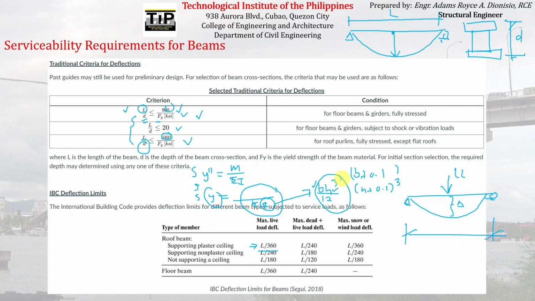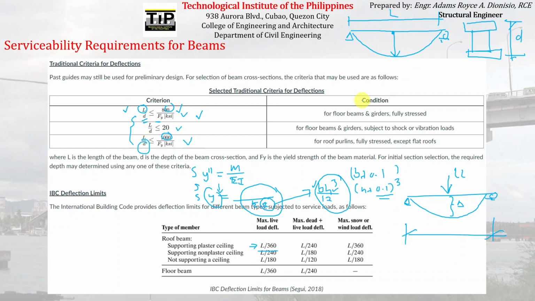So ibig sabihin lang yan, mas malaki yung effect ng total depth sa deflection. Kung nilalakihan mo yung depth, kahit kakarampot lang yung dinagdag mo, matitriple yan sa formula na to. So mas magiging malaki yung effect niya sa pag-minimize ng deflection. That's why makikita nyo dito, yung relationship na kinuha is actually the depth, hindi width. Kasi kung deflection ang pag-uusapan natin, mas malaki yung effect ng total depth compared sa width.